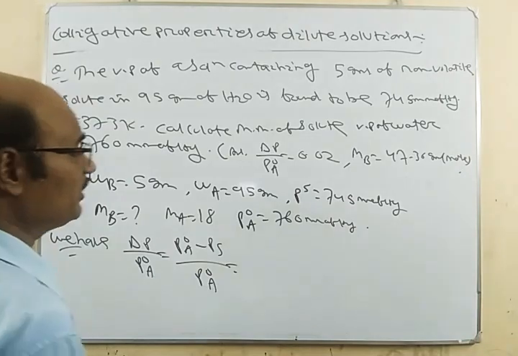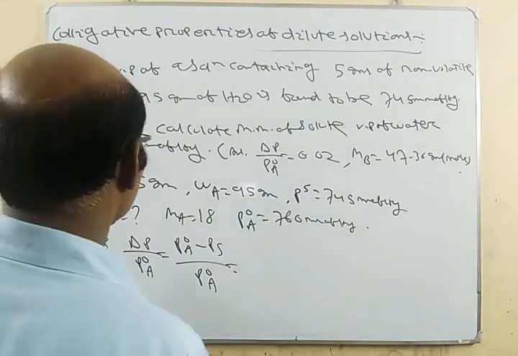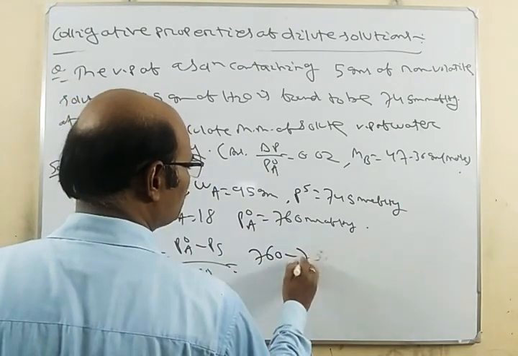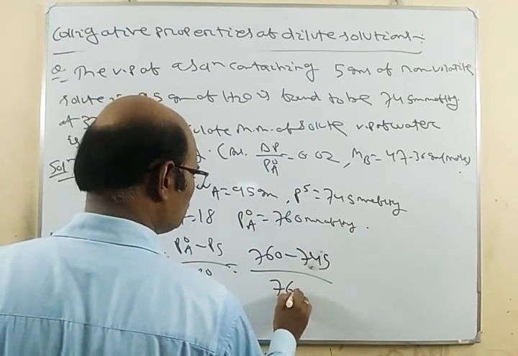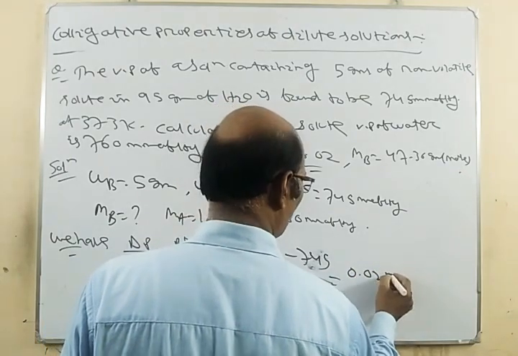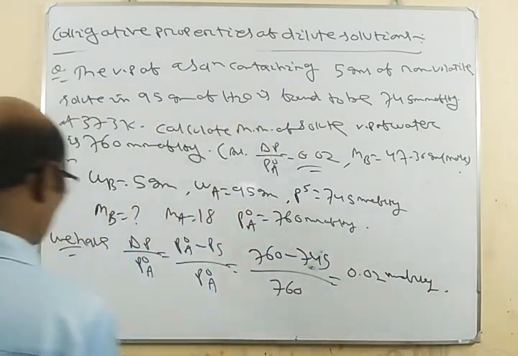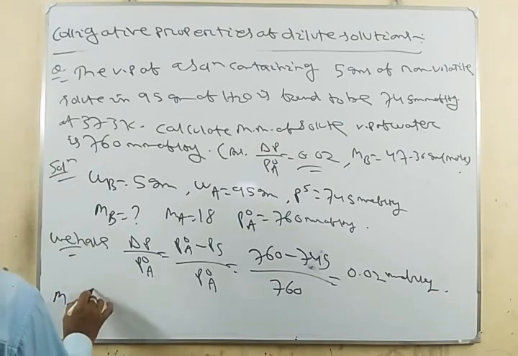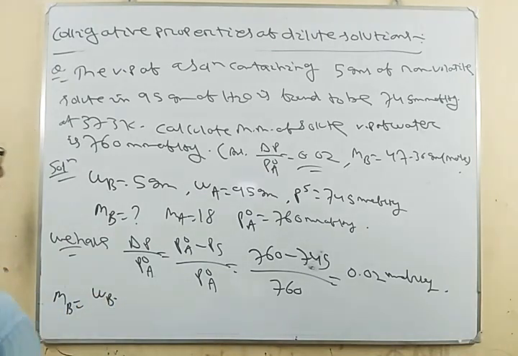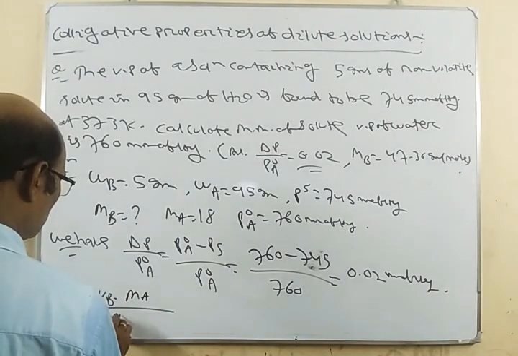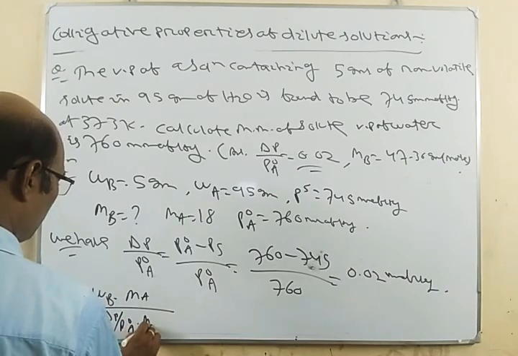PA naught is given as 760, PS is 745, divided by 760, we get 0.02. Now MB equals WB into MA by WA into delta P by PA naught.